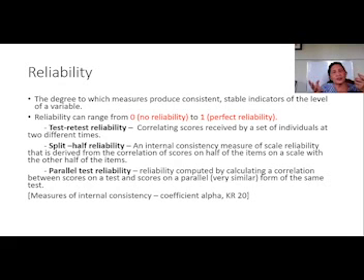If the scores yielded are the same, then we say that there is test, retest reliability. Sometimes they differ a little, no, but not much. If they differ considerably, then the reliability is compromised, no?